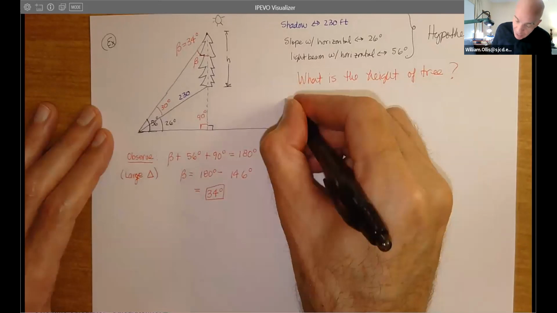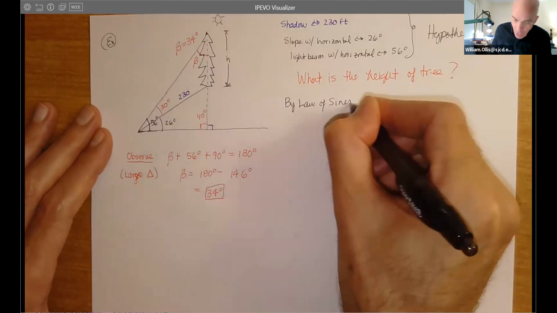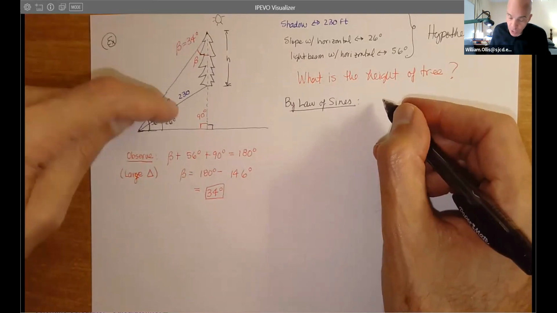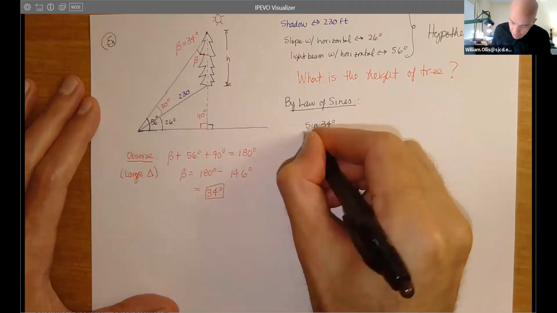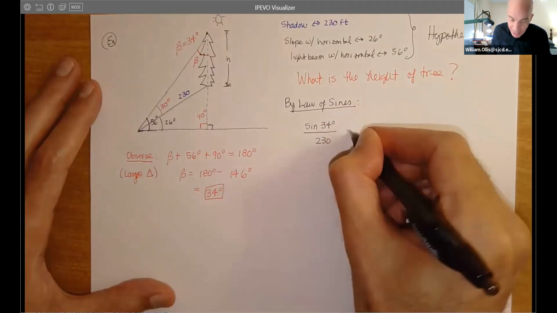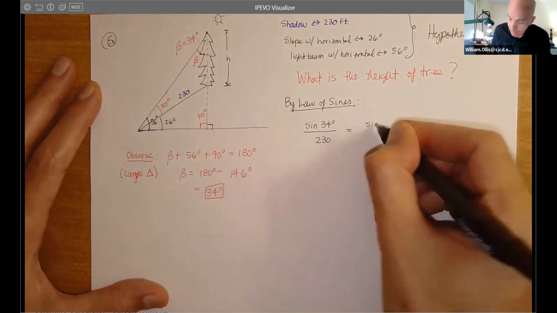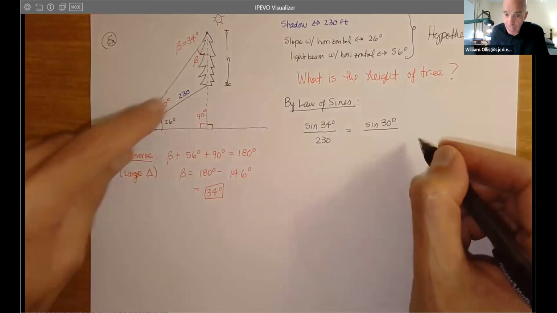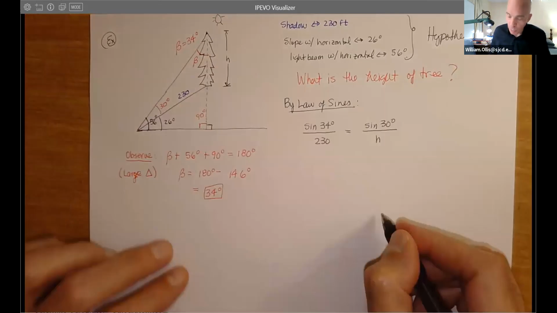So by law of sines, we'll say sine of 34 divided by 230, degree mode. So this is a nice little simple problem once you set up all the particulars. And then we have sine of 30 degrees, and in this case, we have the H divided by H, the opposite side. So now let's do our little calisthenics.